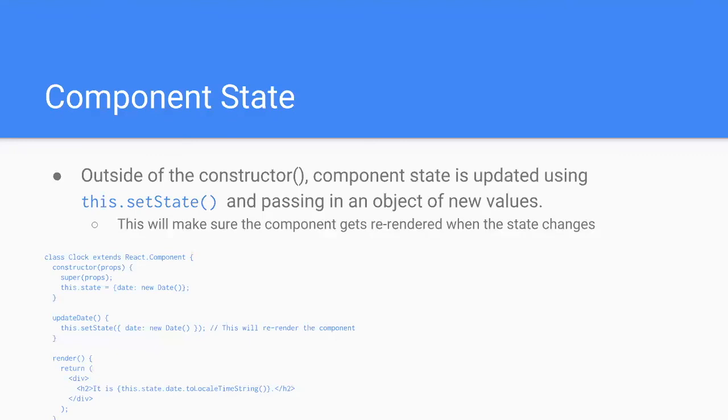Or every second we could update the date, and every second it would show the time change. So again, really, really important. In our constructor, we say this.state equals, and everywhere else outside of the constructor, we do this.setState and pass in a new object with updated values. Does that make sense? It's just the pattern that React uses, but you have to do it that way or else it won't work properly.